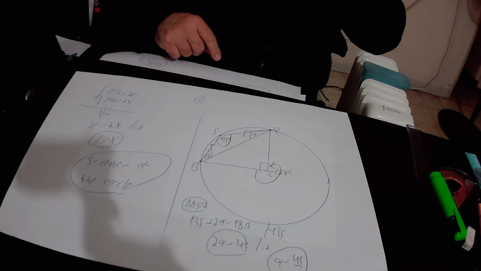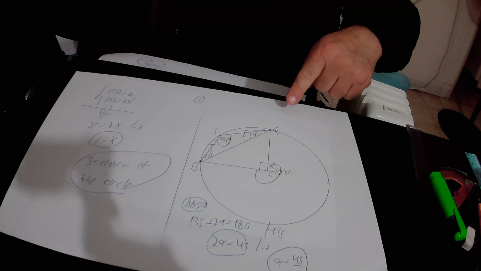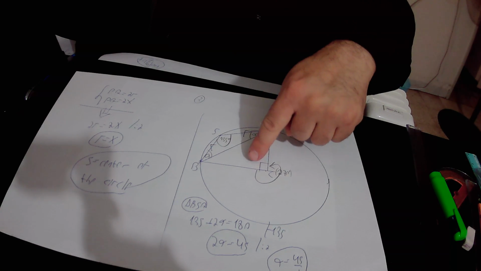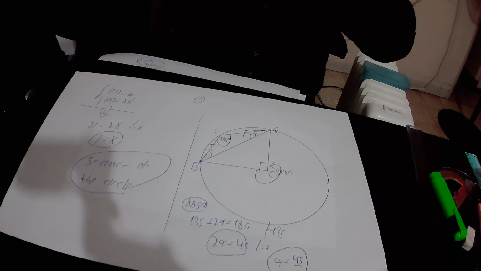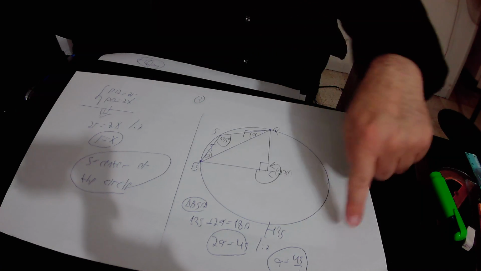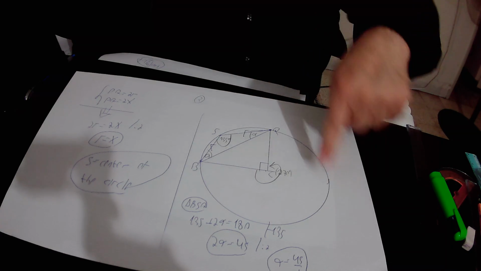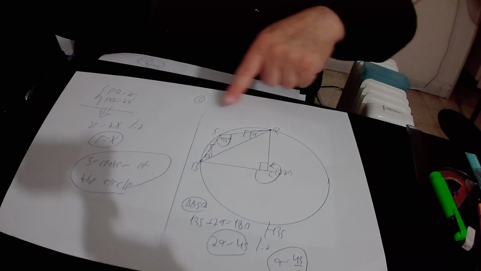So in the drawing we have central angle QCB. This is the central angle QCB that is subtended on arc BQ. And we also have peripheral angle QSB.